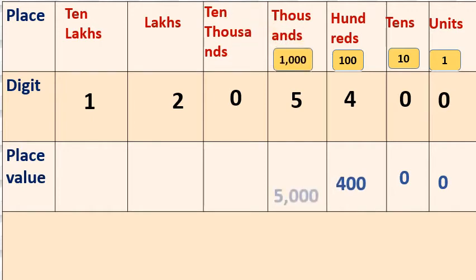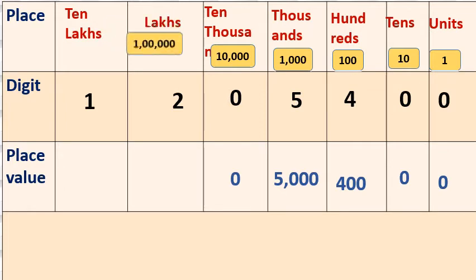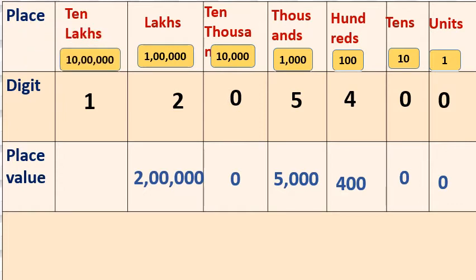Thousands place, 1000 into 5, that is 5000. In the 10,000s place we multiply the digit by 10,000. But here 0 is there, so the value is 0. In the lakhs place we multiply by lakh, that is 2 lakh here. And in the 10 lakhs place, 10 lakh into 1 is nothing but 10 lakh.